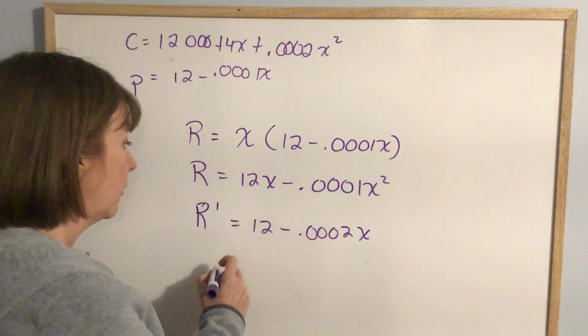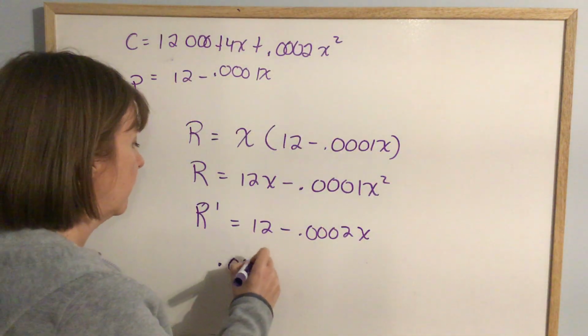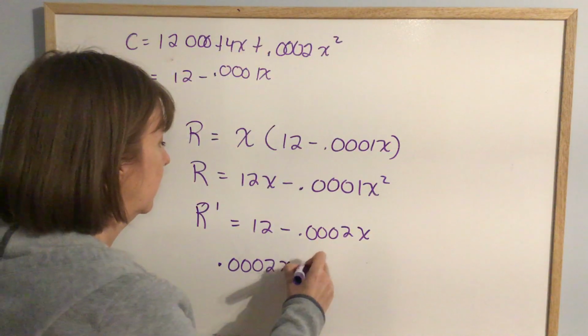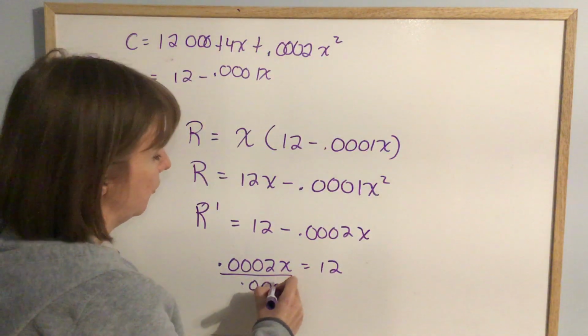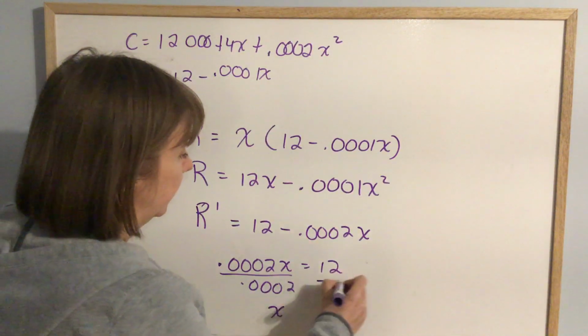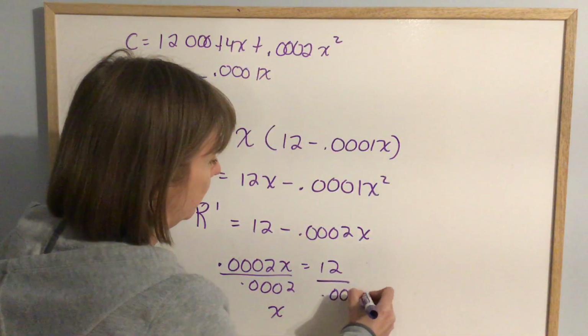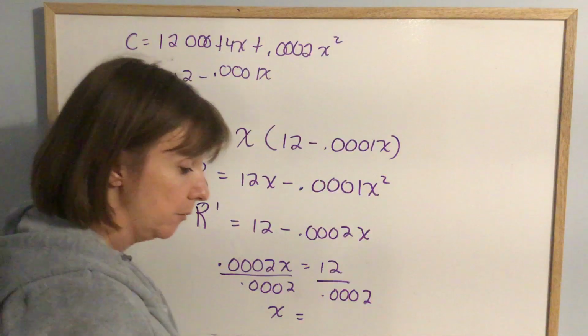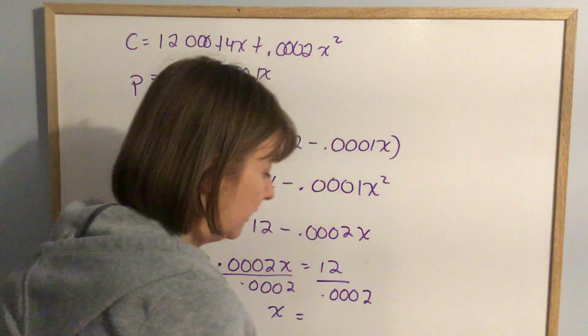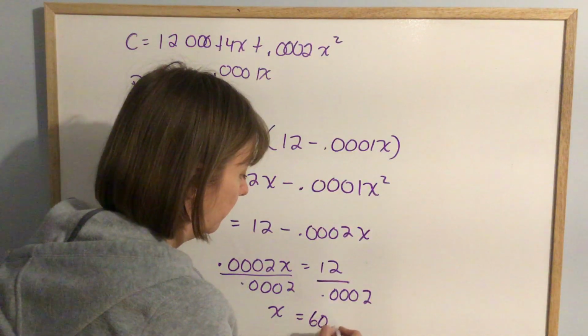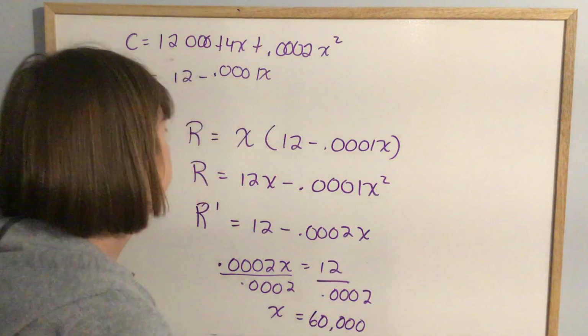So 0.0002x is equal to 12, and dividing by 0.0002, x is 60,000 bottles of wine.